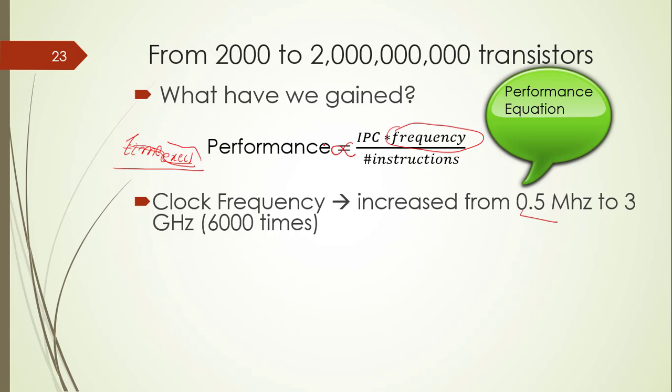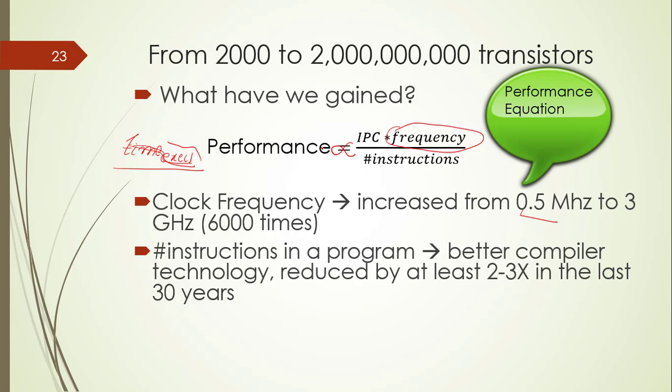As I said, the performance is proportional to frequency. It is proportional to the number of instructions in a program. If we have a better compiler, like let's say GCC or the Intel compilers, what does the compiler do? It takes a program and produces machine code. Machine code is simply a sequence of zeros and ones that a computer can understand.